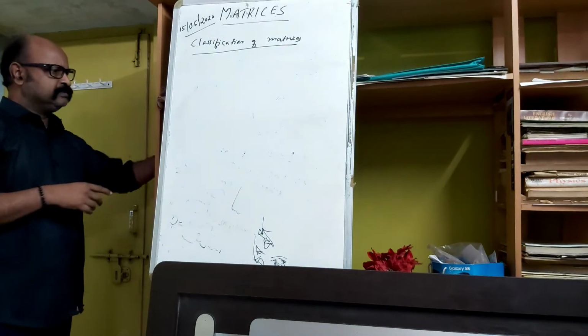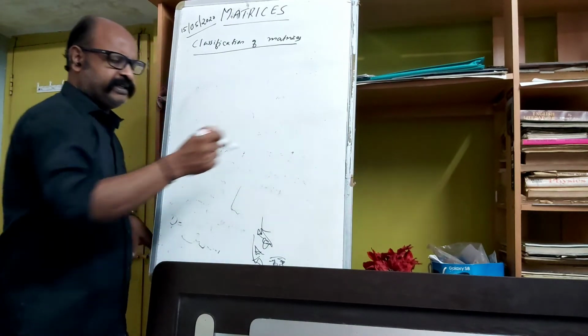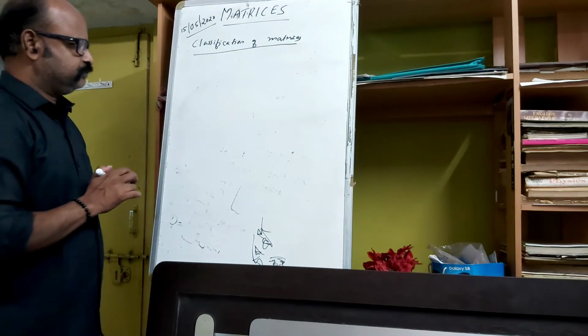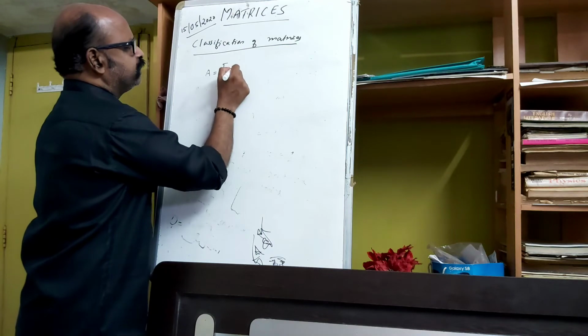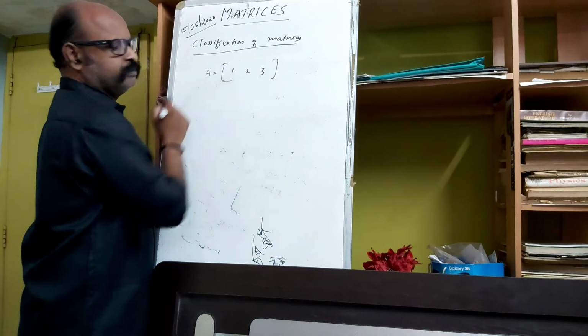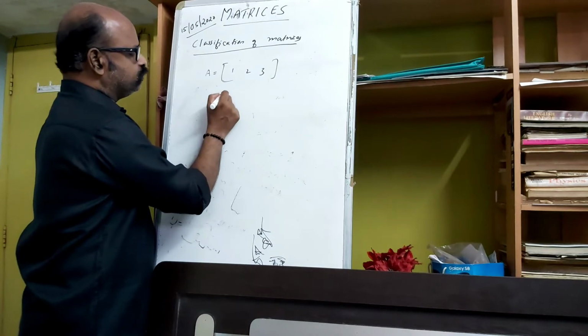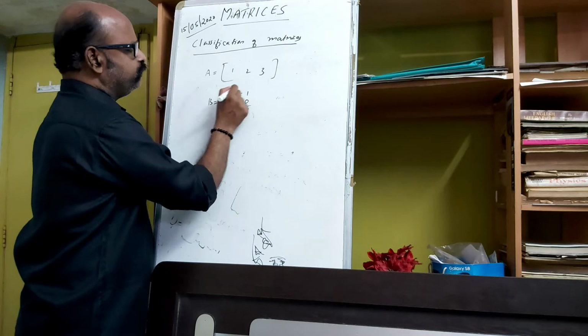Okay, then related to row and column matrices, we come to some correlation. For that, A equals matrix 1, 2, 3. No doubt, this is a row matrix. B equals matrix minus 1, 0, 5.